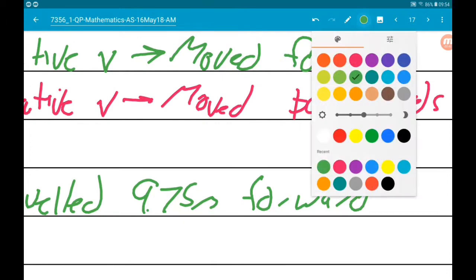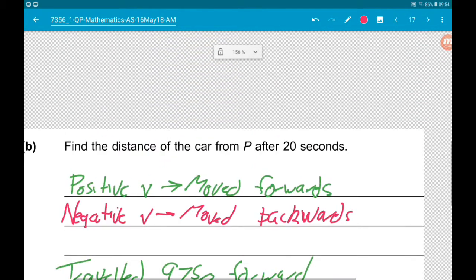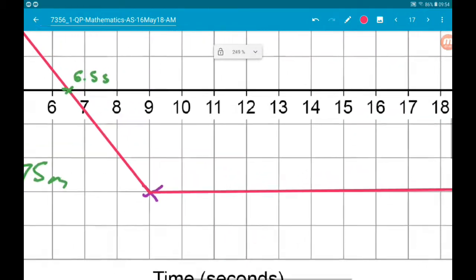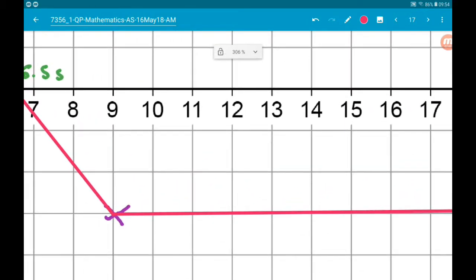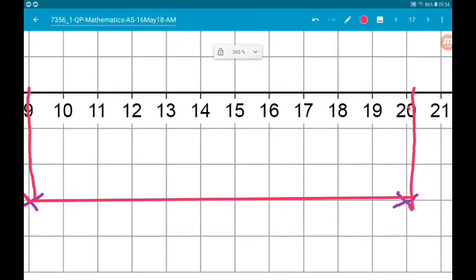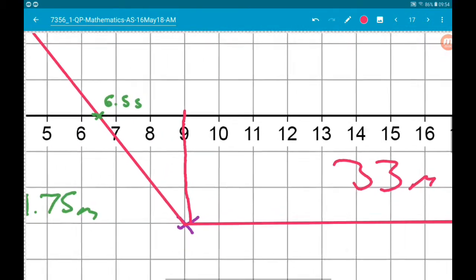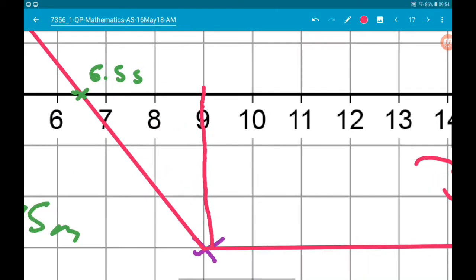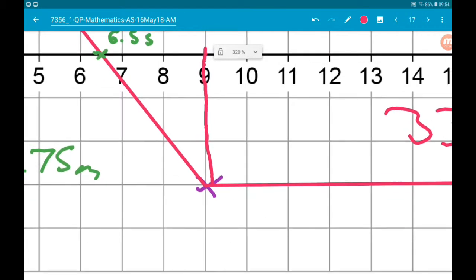Let's work out how far we travelled backwards. So we already know in the rectangle here, that was 33 metres. So we just need to work out the area of this triangle. Now the length at the top is 6.5 to 9, which is 2.5.